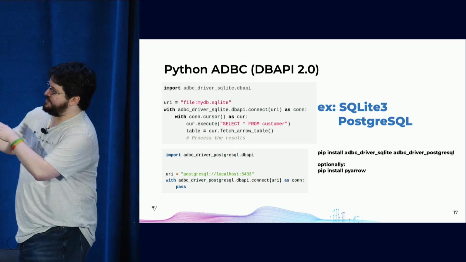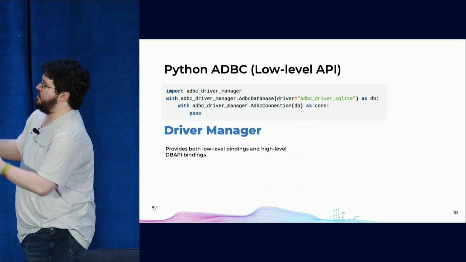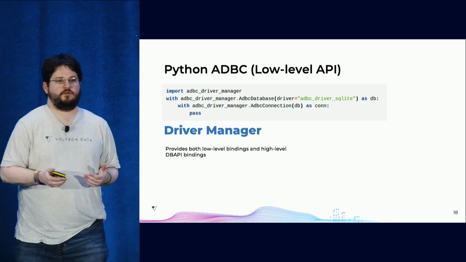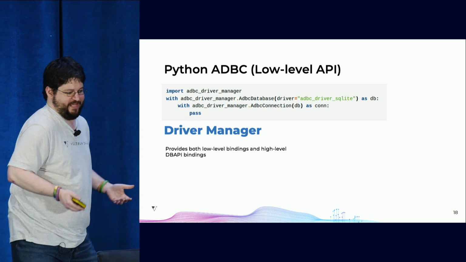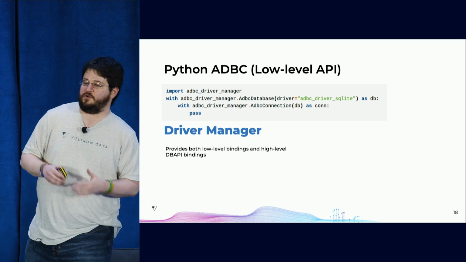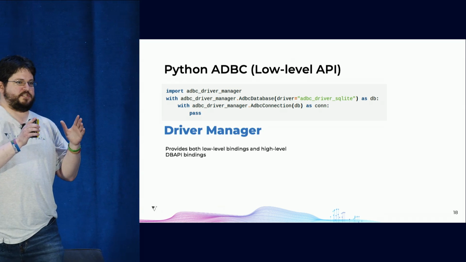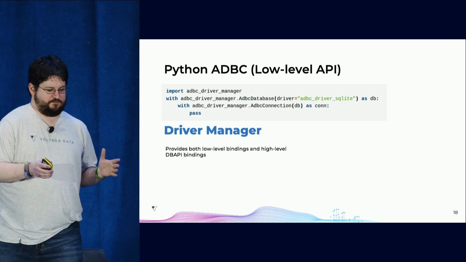Now, this is the high-level API. There's also a lower-level API. We expose, at the lower level, a driver manager. Remember I said that ADBC at its core is a C header file that defines an interface.